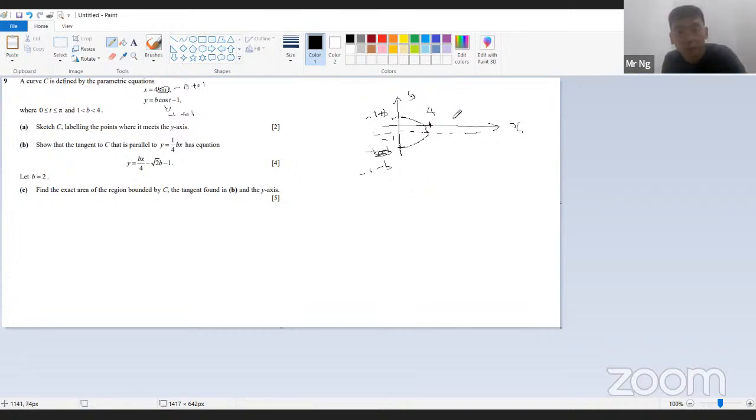Label graph, label origin. Okay, let's see. After that, show that this thing is parallel to C.